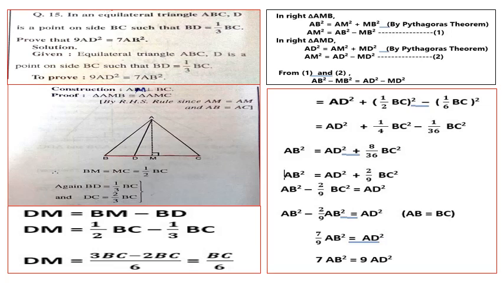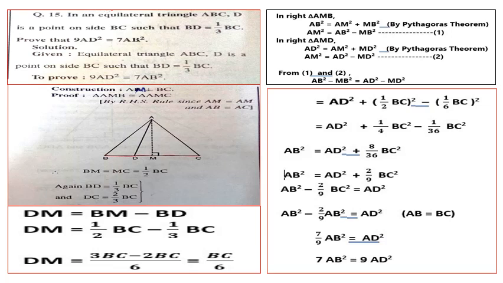Now, in triangle AMB, since it is a right angle triangle, we can use Pythagoras theorem. So in right triangle AMB, AB square is equal to AM square plus BM square. From this, AM square is equal to AB square minus MB square, that is equation number 1.